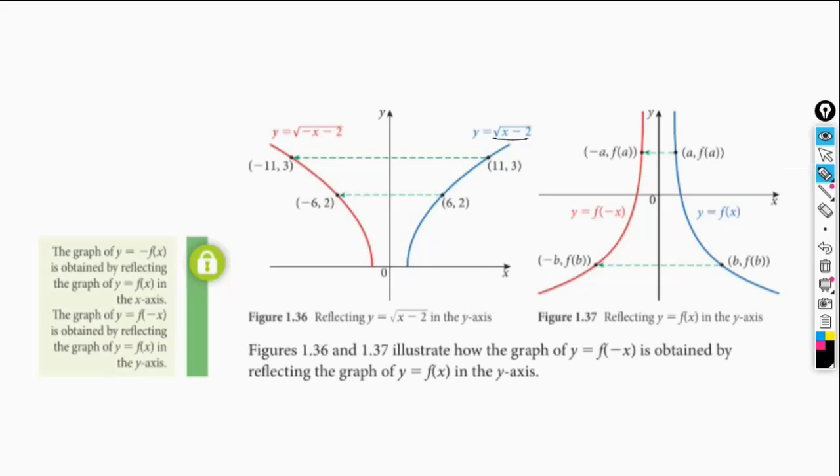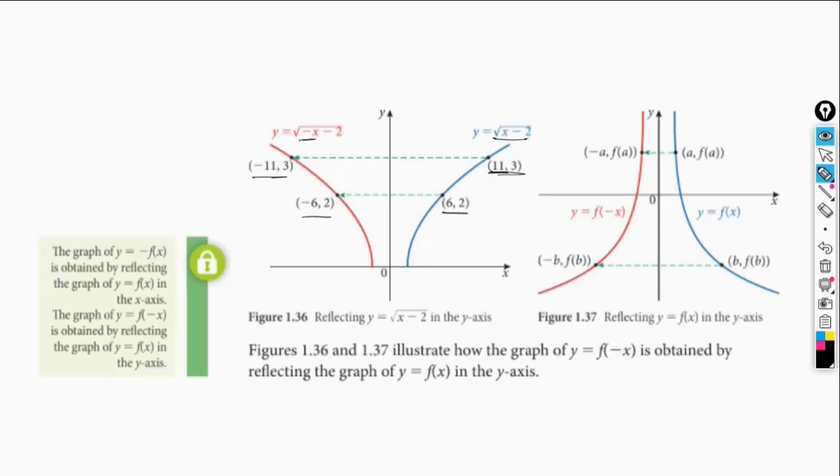So the reflection of this across the y-axis would be square root of minus x minus 2. And notice how the y-coordinates remain the same, and it is now the x-coordinates that are opposite each other. So here in blue we have 11, 3, which reflected would become negative 11, 3. 6, 2 would become negative 6, 2.